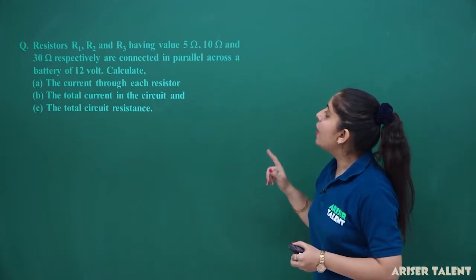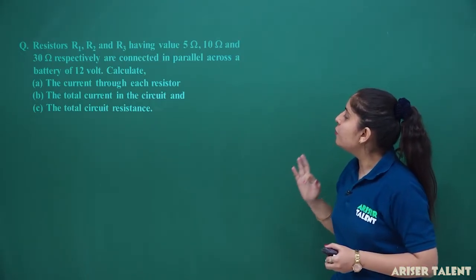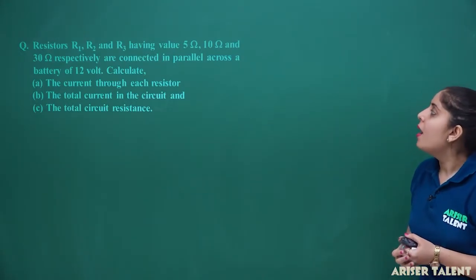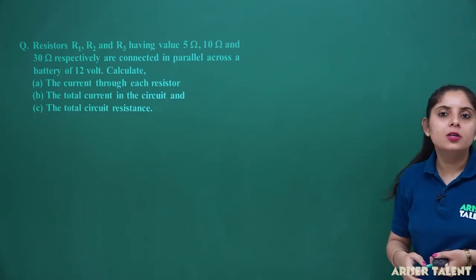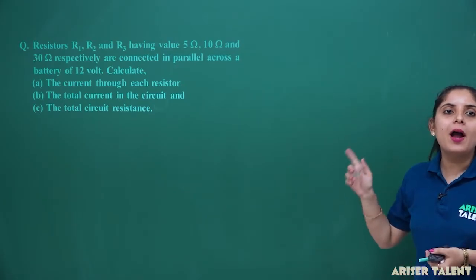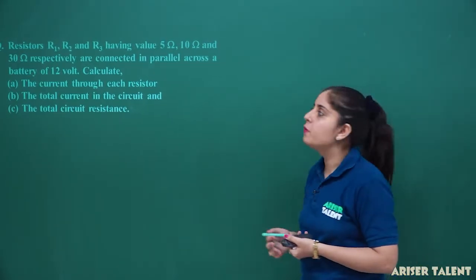Resistors R1, R2, R3, 5 ohm, 10 ohm and 30 ohm are connected in parallel across a battery of 12 volt. So, firstly what you have to do? You have to draw the circuit diagram for this type of question.